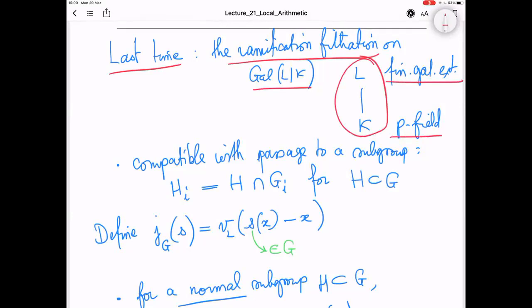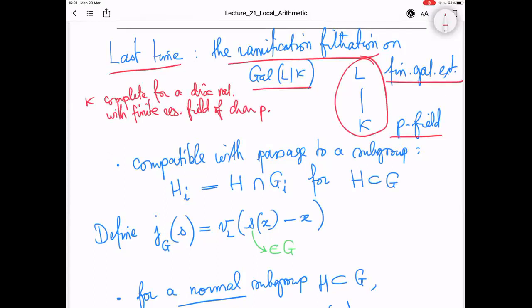P is a prime number, K is a P field, so K is complete for a discrete valuation with finite residue field of characteristic P. That's what our field K is. L is a finite Galois extension of this, and G is the Galois group of L over K.